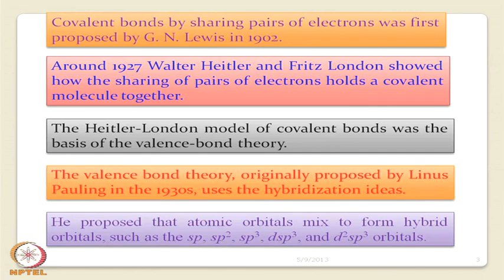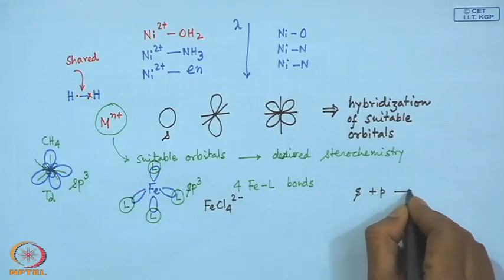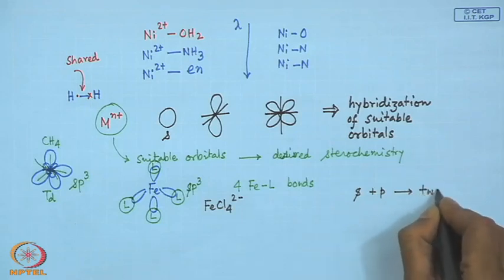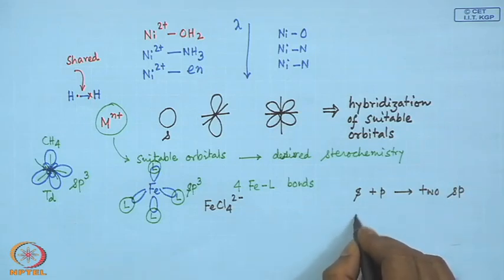So, these combinations are sp for mixing of 2 orbitals s and p, giving rise to a linear orientation. That means if we have the sp orbitals, mixing s with p gives 2 sp orbitals.